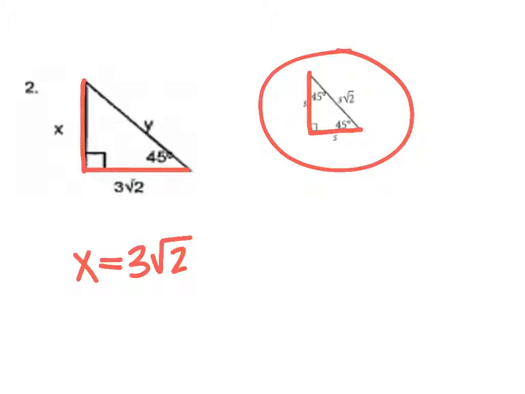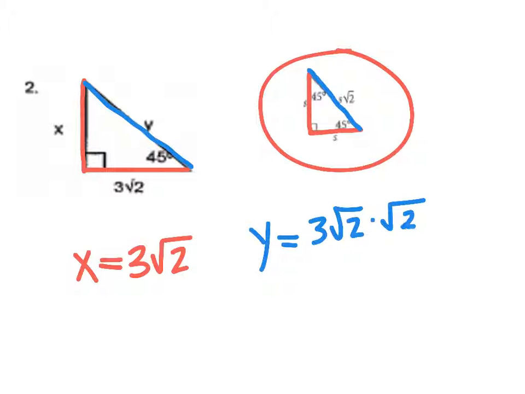In the formula it says that this side is S times the square root of 2, so that means that this side over here, Y, must be S, which is 3 square root 2, times square root 2. This came from being S, and this came from the formula.